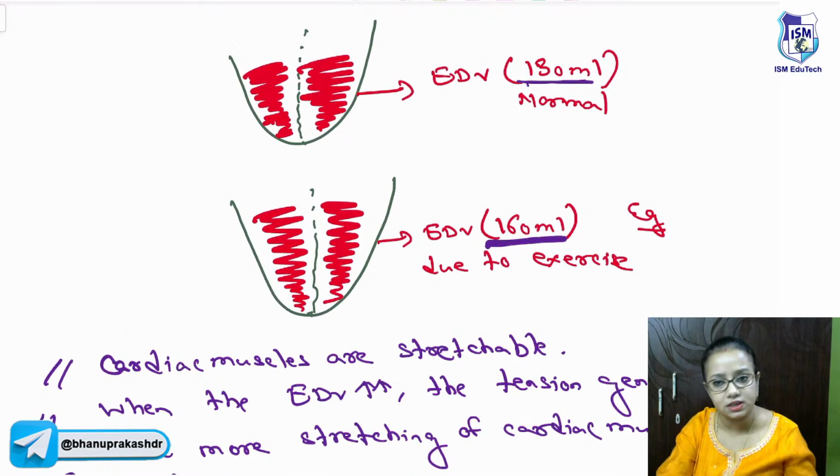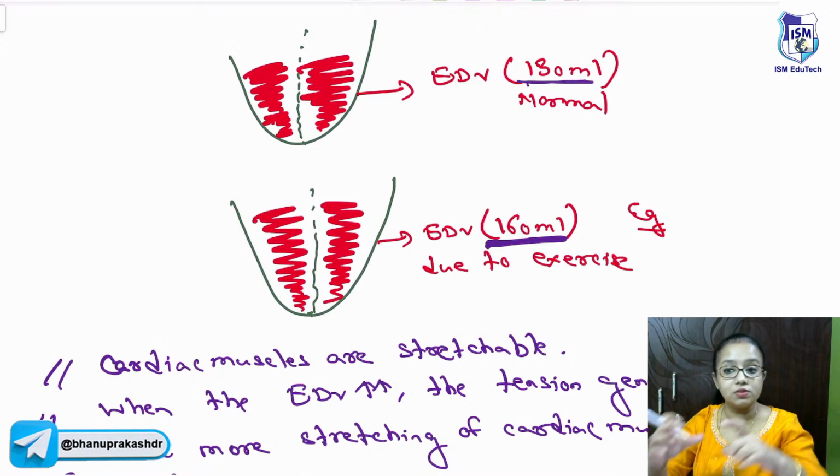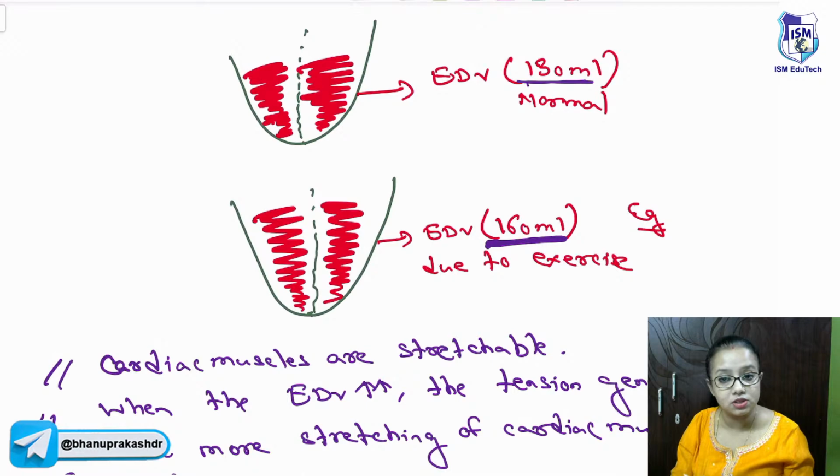We have studied it so many times in the previous two classes. So, for example, if the end diastolic volume in a person is 130 ml, this is his regular end diastolic volume. Now, all of a sudden, due to something, it increases to 160 ml. So now there is 30 ml more blood in the ventricles.